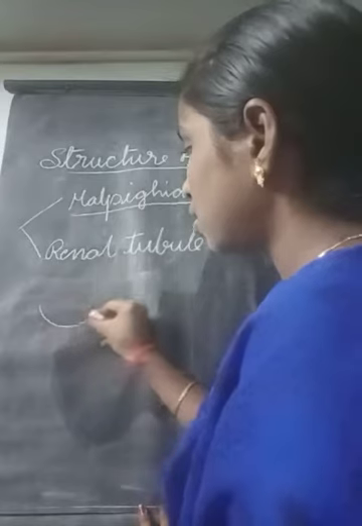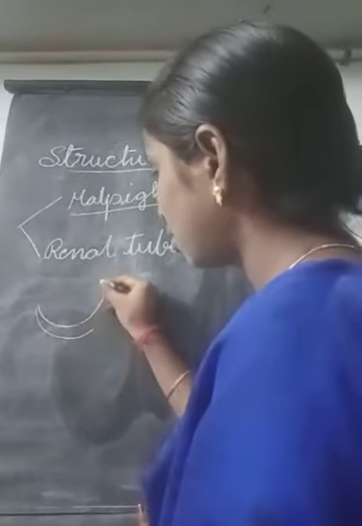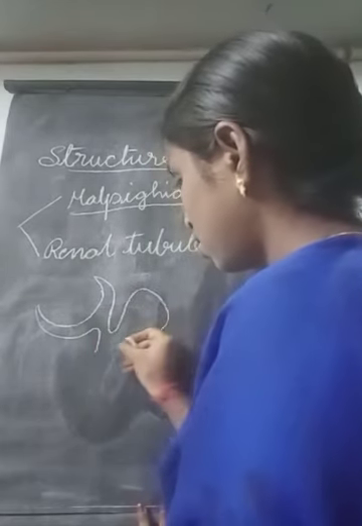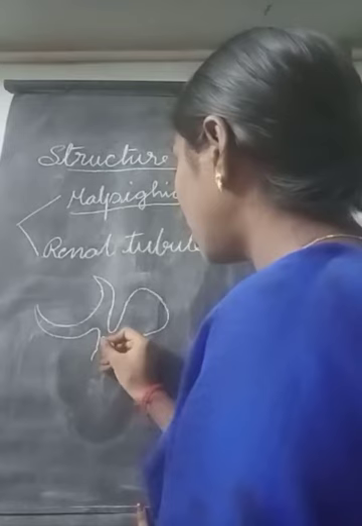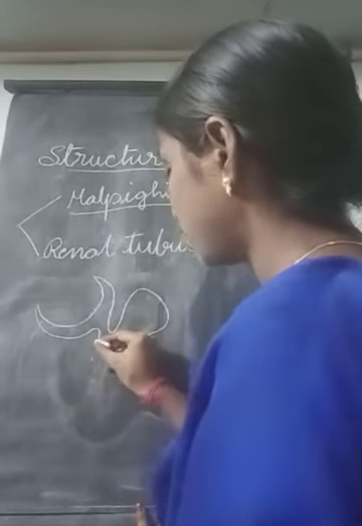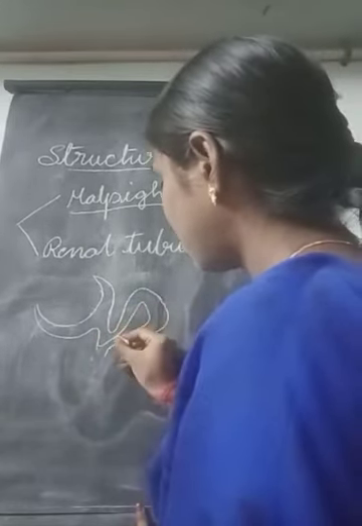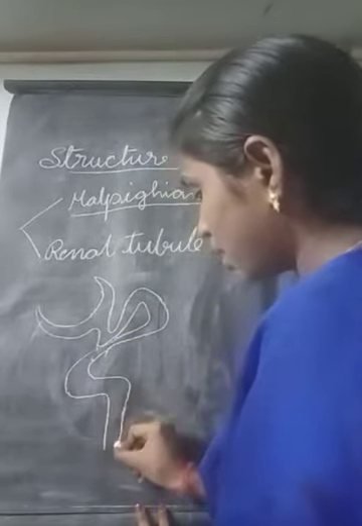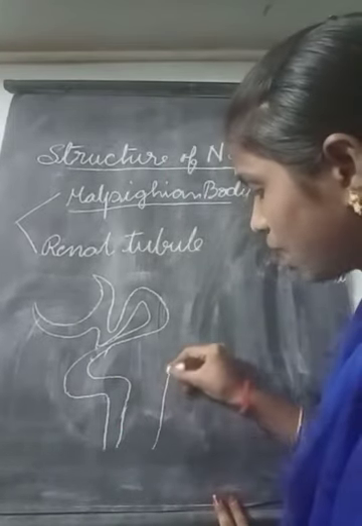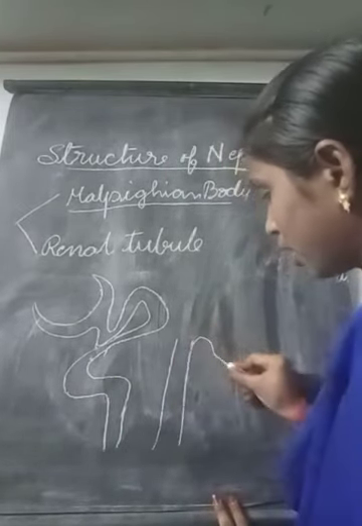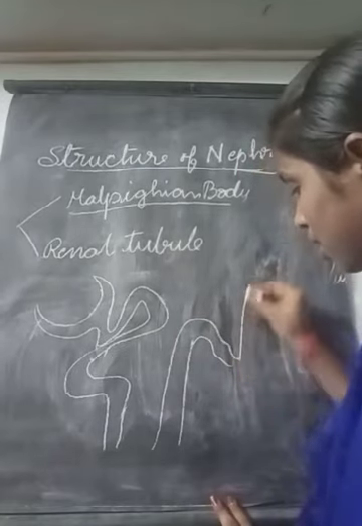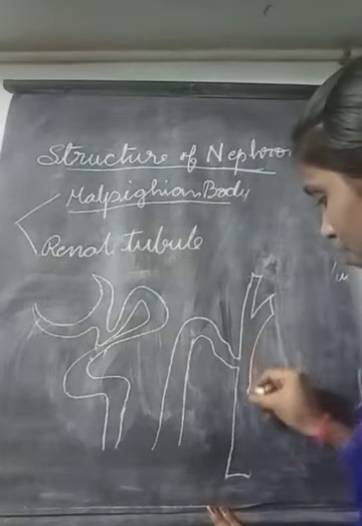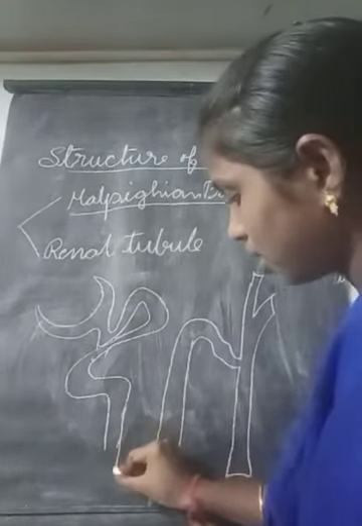If you see the structure of a nephron, this is a folded, tube-like structure, a long, elongated tube.